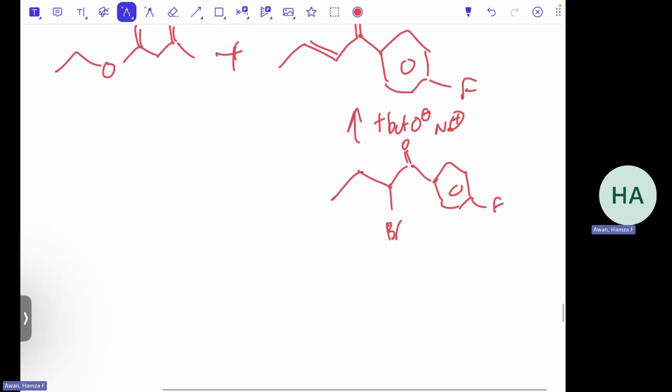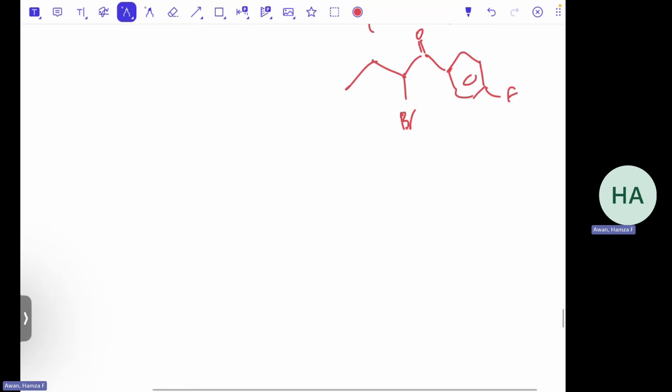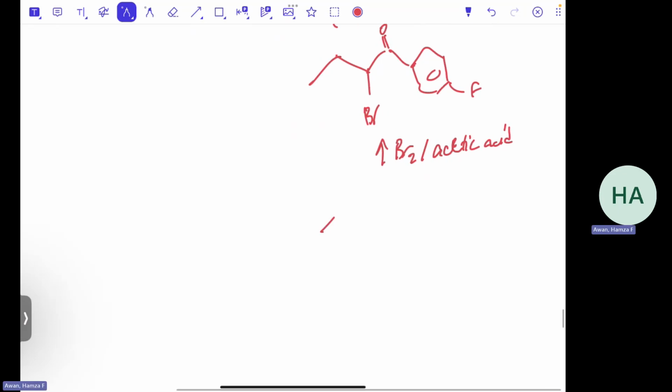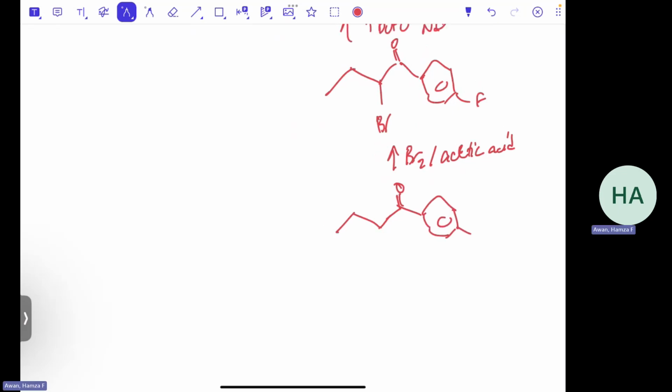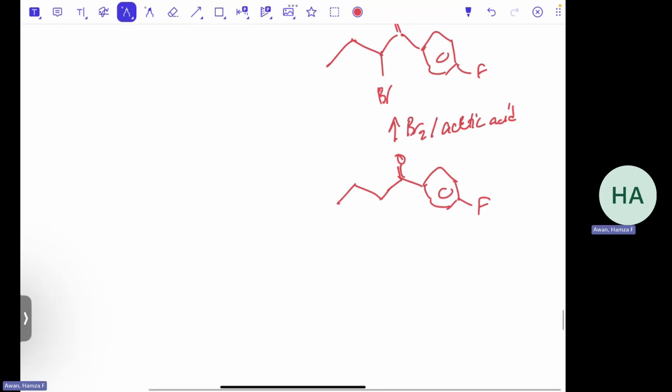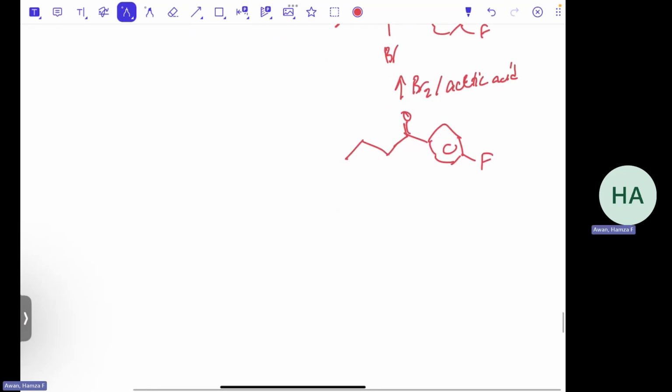So what we can do here is use Br2 and acetic acid, and that's going to get rid of our bromine. That's going to make us have our ketone with the fluorobenzene ring. And now we can do acylation.